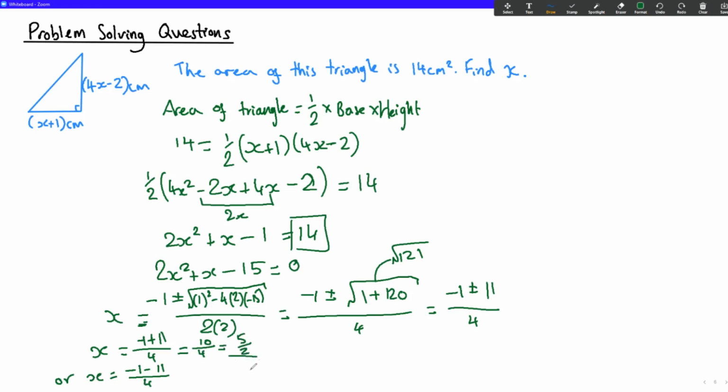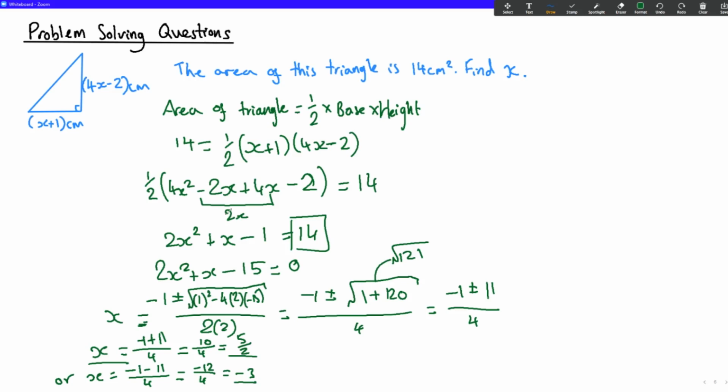You can simplify it. You can also write it in decimal form. But it depends what the question wants. But fractions are always nicer. This at the top is minus 12 over 4. So that will give us minus 3. So those are our two answers. Okay, great.